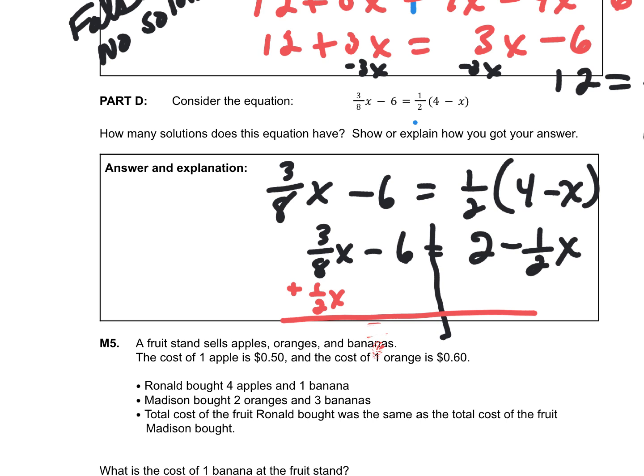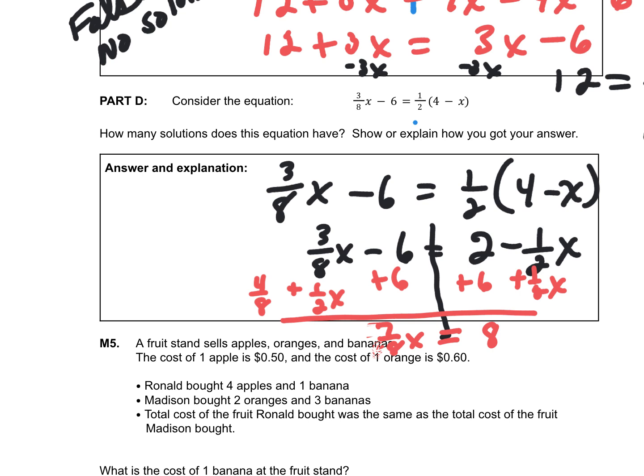Oh yeah, that would be true. Because 1/2 is 4/8, so it would be 7/8 x equals, add 6. That would be 8. So we'd get one answer.